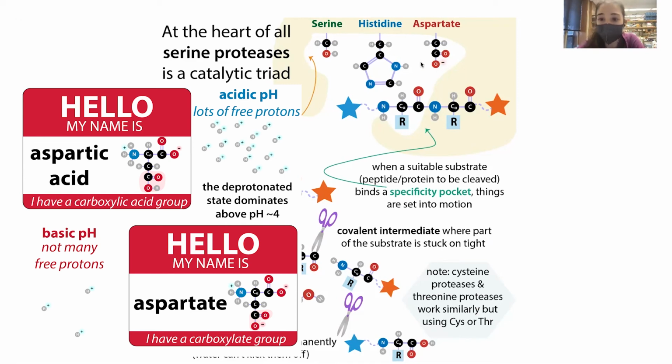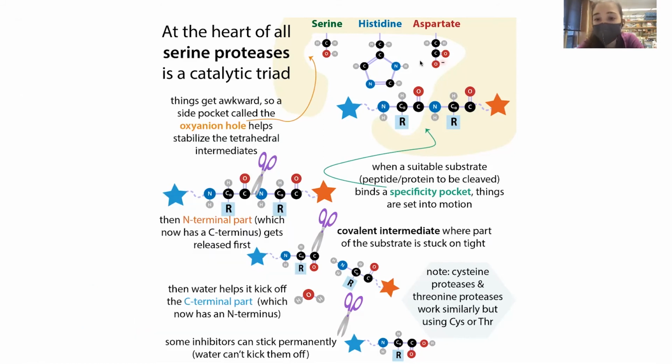So I'm going to refer to it as aspartate, but you might sometimes see it called aspartic acid. What's going to happen is this aspartate is going to help this histidine become more basic. So it'll deprotonate the serine.